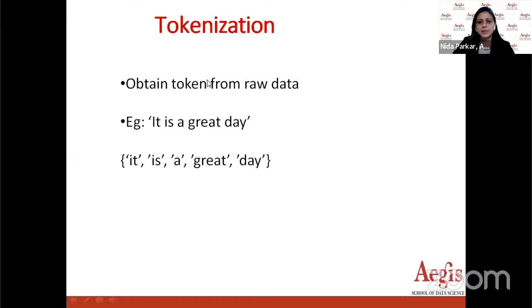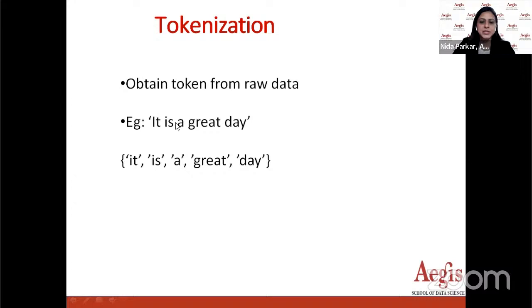A simple example I would like to give about tokenization is, suppose you have a sentence, "It is a great day," and you break it down into tokens. When we are doing natural language processing, there are two very famous libraries we talk about. One is NLTK, the Natural Language Toolkit, and the second is the spaCy library. These are widely used with any textual data you are processing.